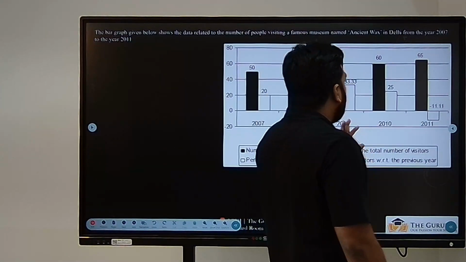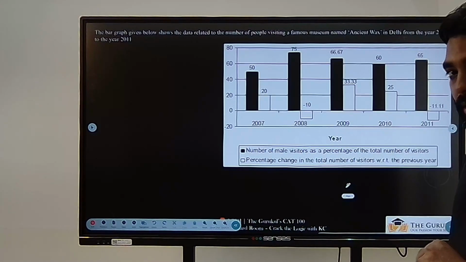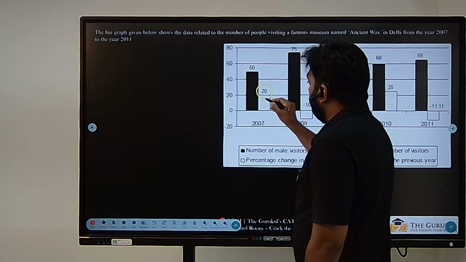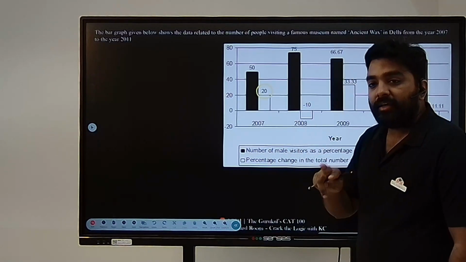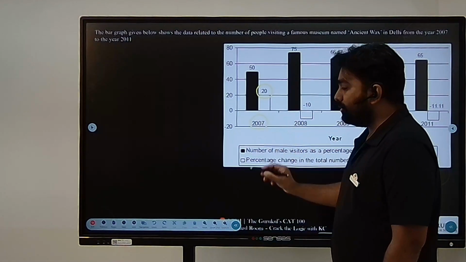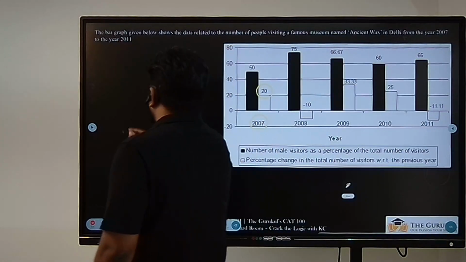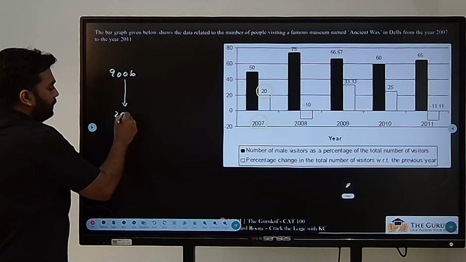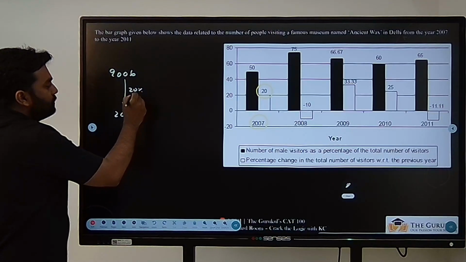Now let's try to understand what we can decode from this value. This 20 is the increase from the previous value. The previous year is 2006. So they are saying from 2006 to 2007 there is an increase of 20%.